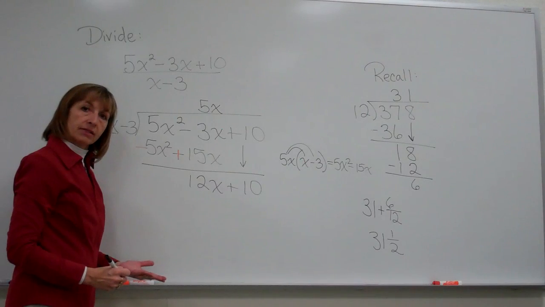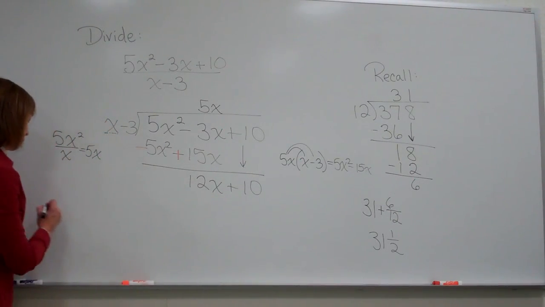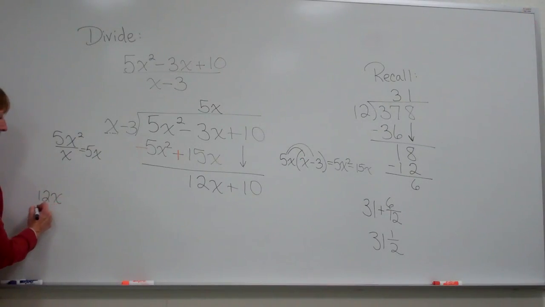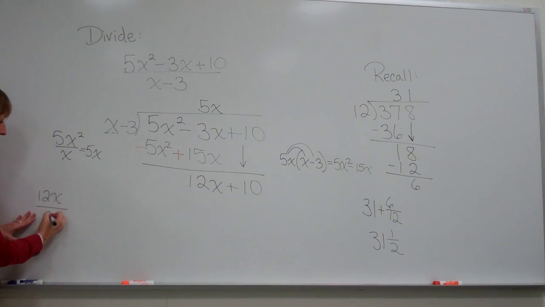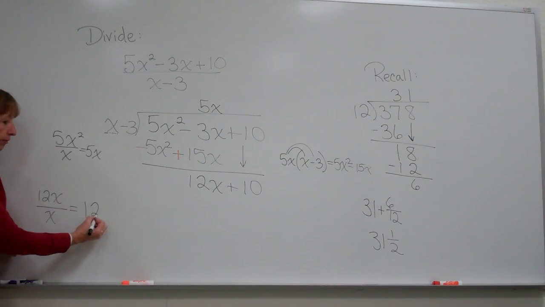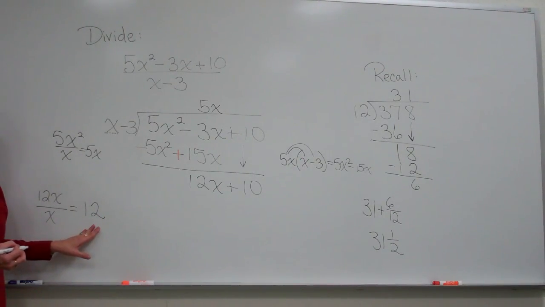Now we start the process all over again. Take the first term of what you're dividing into, the 12x, and divide it by the first term of what you're dividing by, the x. Well, when I simplify 12x over x, the common factors of x will remove and I'll just get 12. So I want to put that 12 up in my quotient.